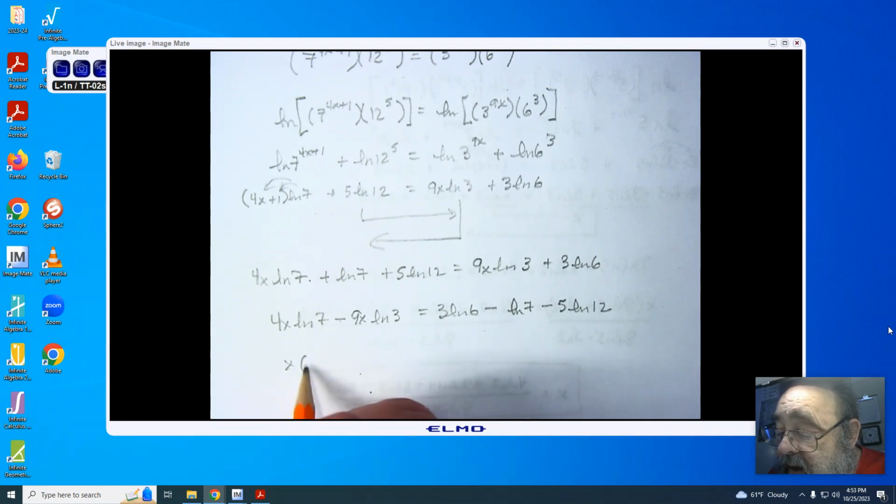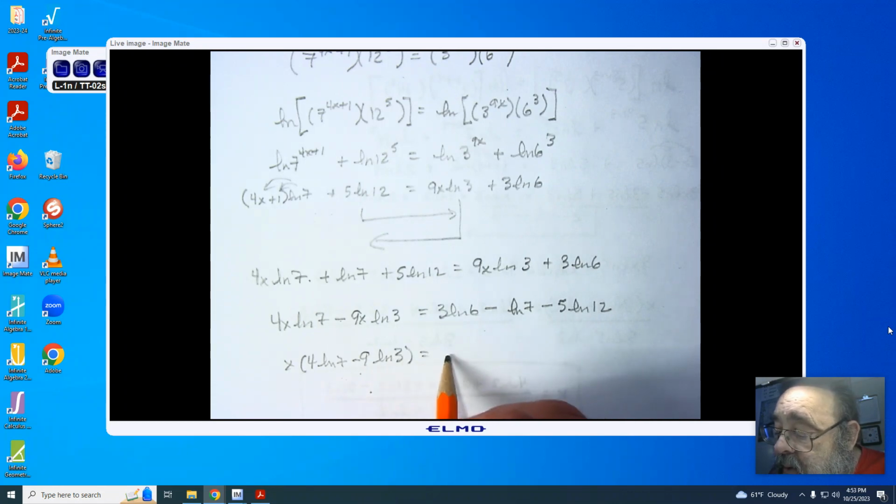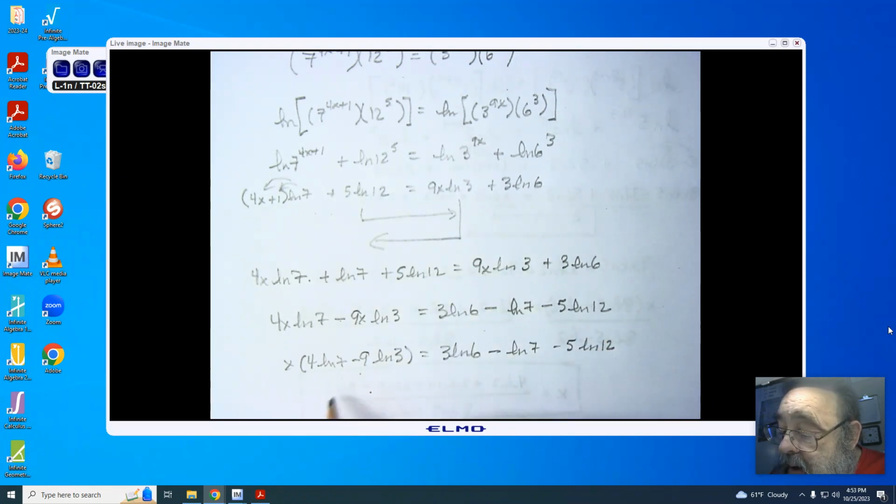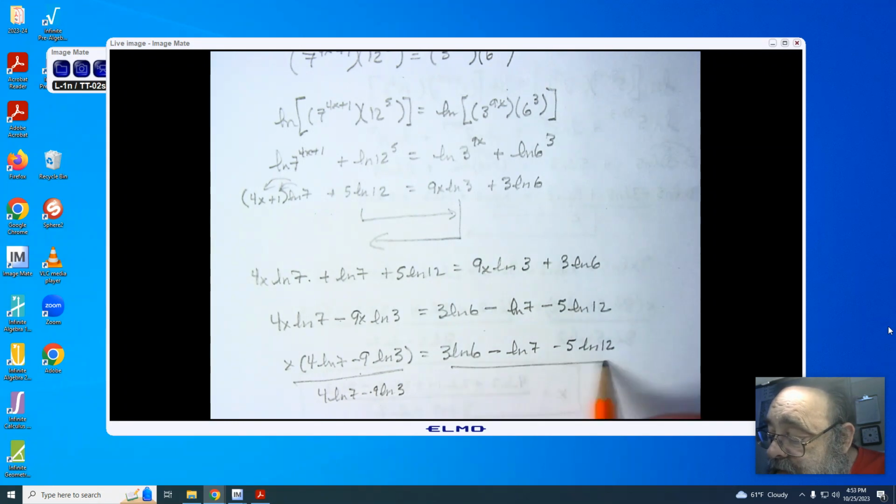Factoring out the x, leaving me with 4 ln of 7 minus 9 ln of 3, still equal to that stuff on the other side, 3 ln of 6 minus ln of 7 minus 5 ln of 12. Now divide both sides by 4 ln of 7 minus 9 ln of 3.